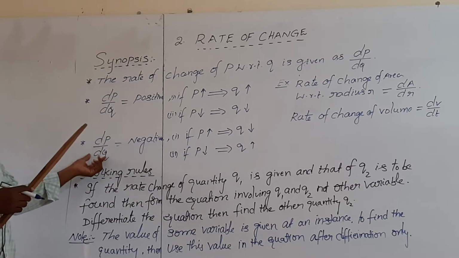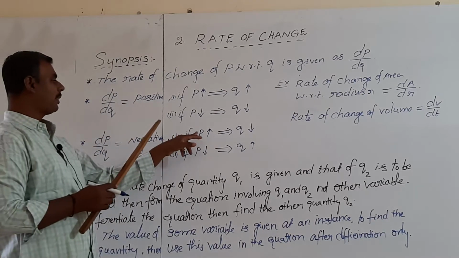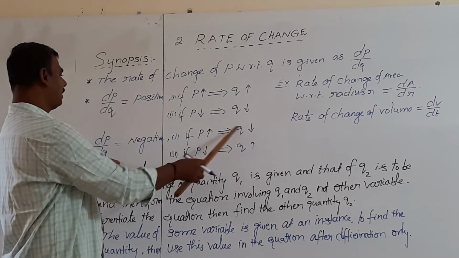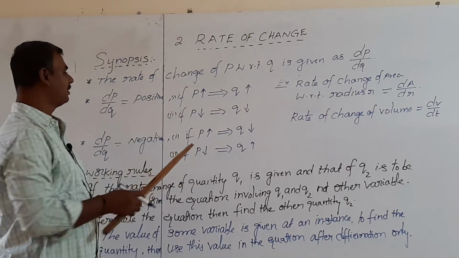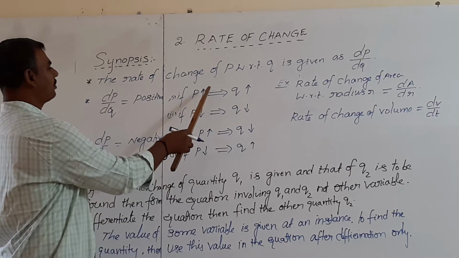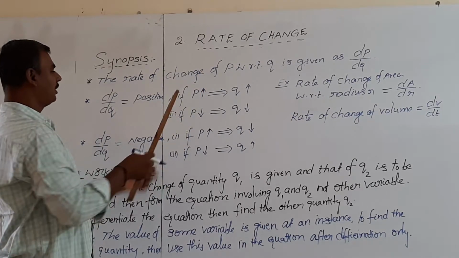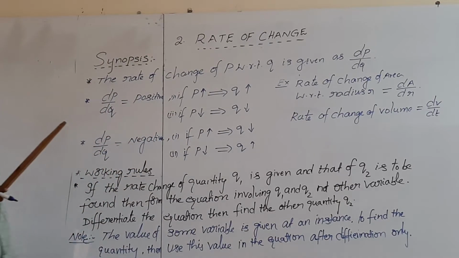Suppose dP by dQ is negative. In this case, if P increases, Q decreases, and if P decreases, then Q increases. So remember the arrow symbols: the up arrow is increasing, the down arrow is decreasing. Remember these 2 points also.